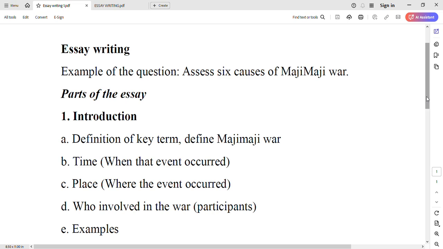Again, one thing to remember, we have this saying as teachers, in order to make things easy: while you are writing an essay, do not assume you are writing to someone who already knows what you are writing. Write so that even someone from the science field, an expert in physics, can read your essay and understand that this is the Majimaji War, or these are the causes of the Majimaji War.